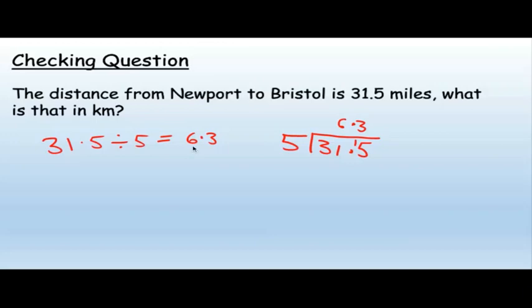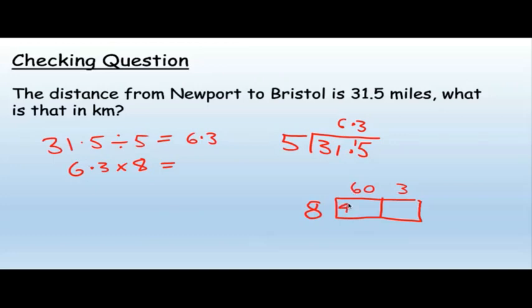And then we've got to multiply that 6.3 by 8. Okay, so I'm going to partition, I meant to say. So we're going to pretend for a moment there's no decimal point, and it is 63. We know that 8 times 6 is 48, and add a 0.